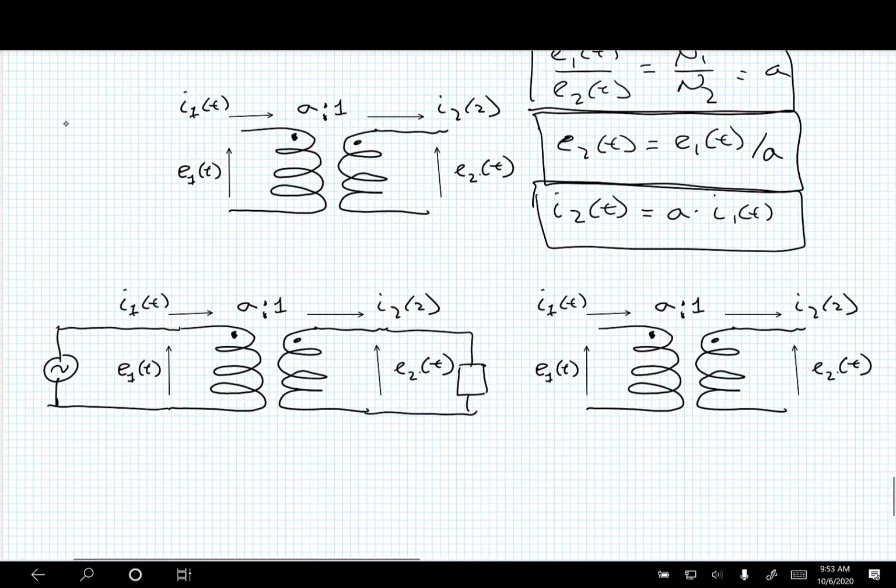In this case, my arrow is pointing into the dot on the primary, and it's coming out to the load on the secondary. Completely makes sense, right?